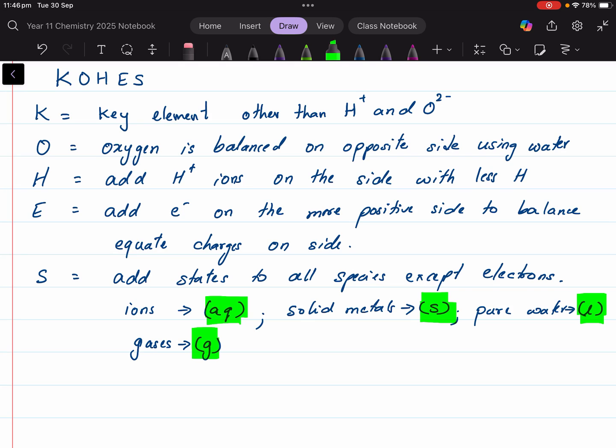So the things that you're looking at here is your key element, your oxygen, then your hydrogen with hydrogen ions, then your electrons, and then your states. These are the things that you have to take care of.